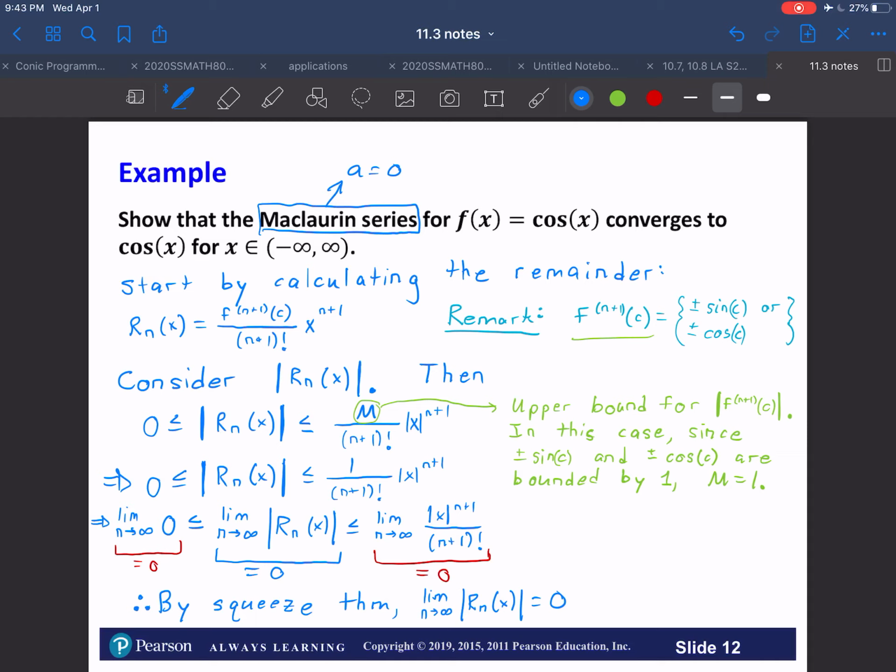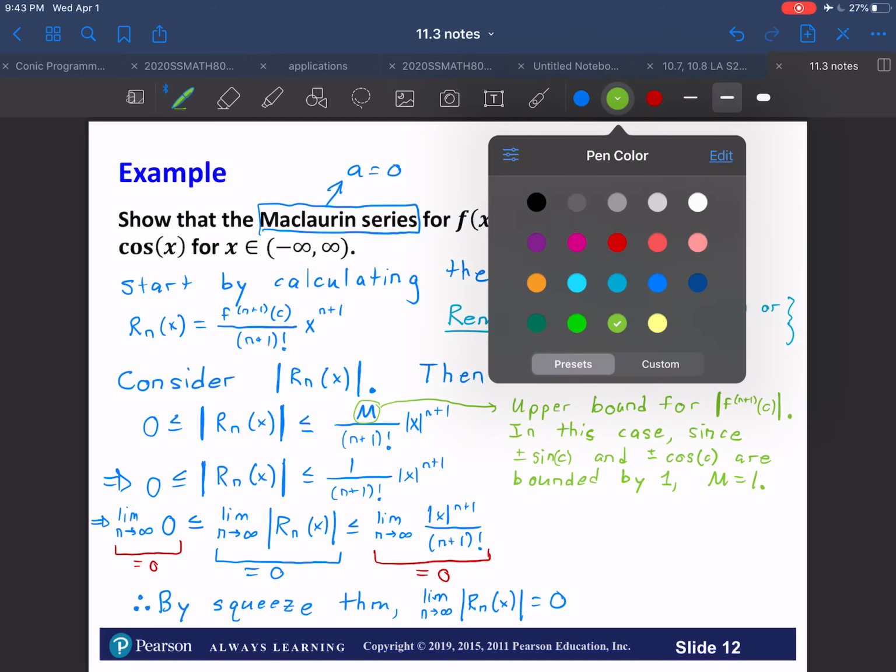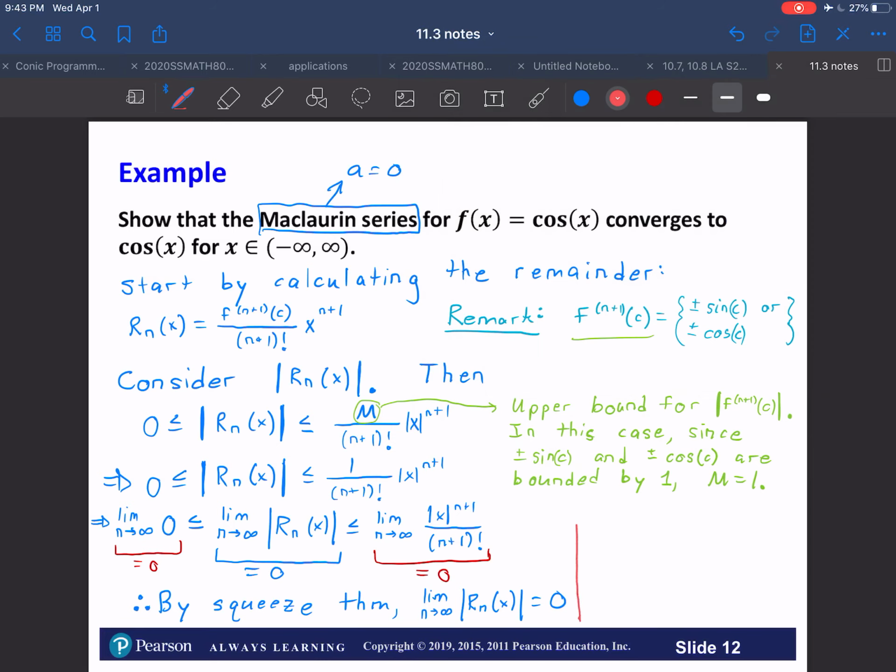And so our final conclusion is that cosine of x is equal to its Taylor, or is equal to its Maclaurin series.